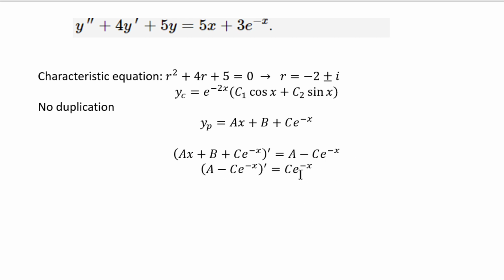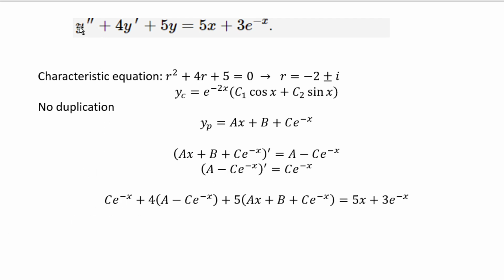So we have this, and we plug into the left side, so c e to the negative x is replacing y double prime, and a minus c e to the negative x is replacing y prime, and so on. If you do that, you now have to make sure that these two sides agree as functions. That means we have to be able to compare, and to compare, it's important to rewrite the left side to look like the right side.